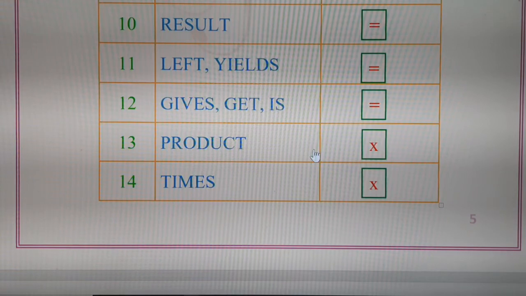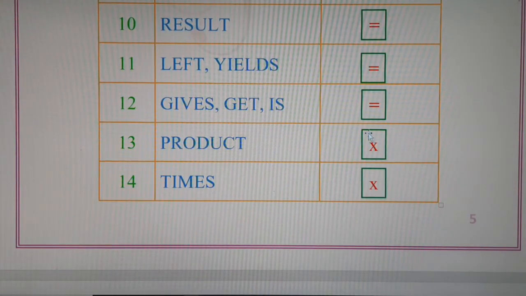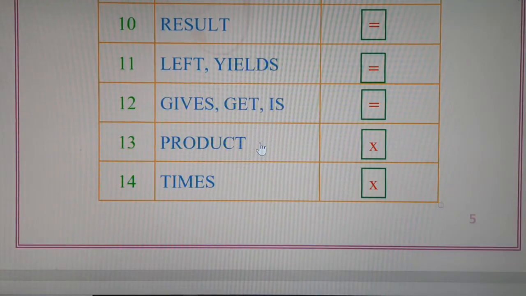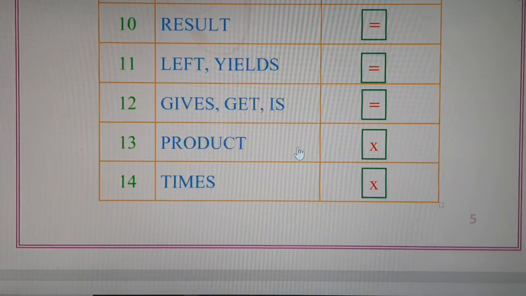Whenever alphabet and numbers are given, the number should be written in front and the alphabet should be written behind. Or we can say the number should be written on the left side and the alphabet on the right side. If multiplication is there, we have to use this rule. If addition or subtraction is there, we have to follow the order of the sentence given.